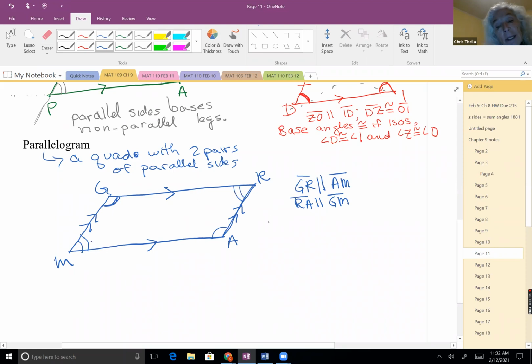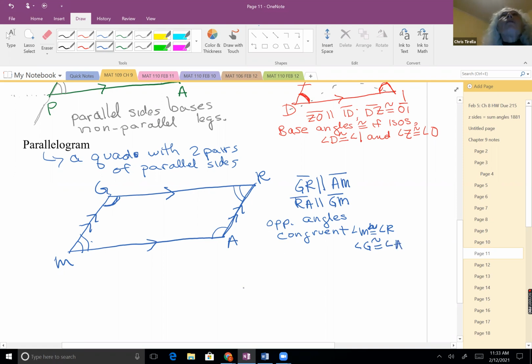And so that gives me the idea that opposite angles are congruent. So we'd be able to say, for example, angle M is congruent to angle R, and angle G is congruent to angle A.